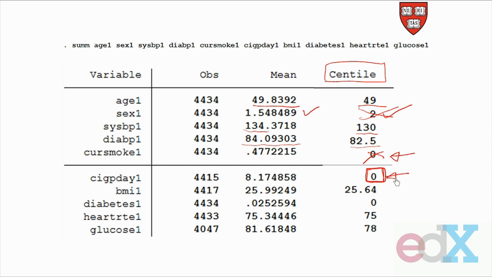So once again, for a slightly different reason, this is not very informative, because it just tells you that more than 50% are at 0. And once again, we'll look at this carefully. BMI, very, very similar, 25.64. So the mean and the median. Now, this is another case of dichotomous variables. The heart rate, same thing.